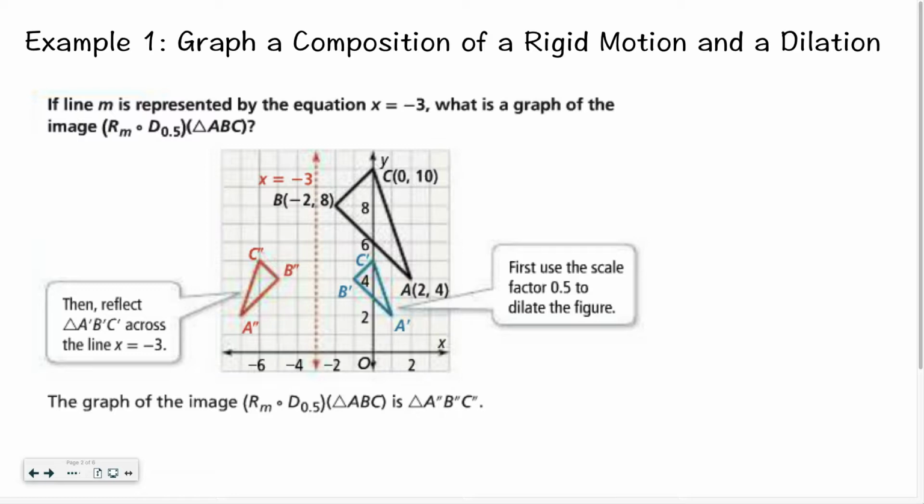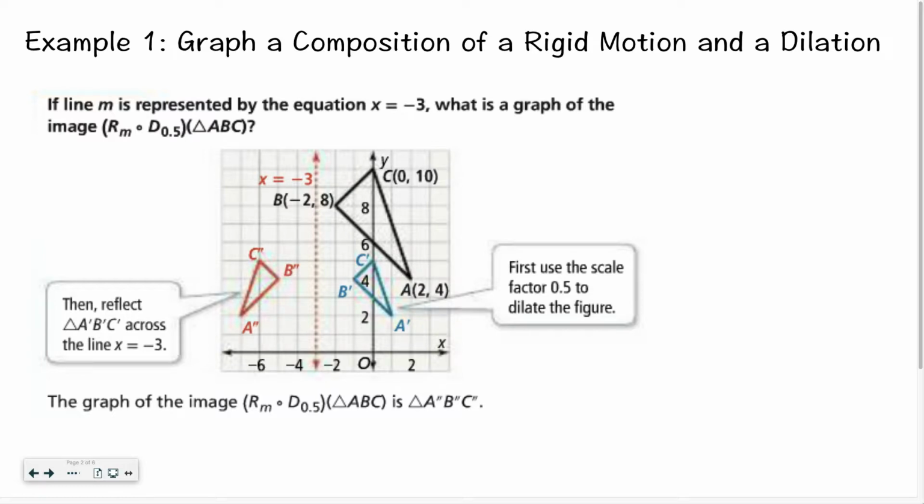Okay, so today we're doing a composition of a rigid motion. Remember, a rigid motion are reflections, rotations, translations, where the figure stays exactly the same shape and size. And the dilation will take that rigid motion and enlarge it.